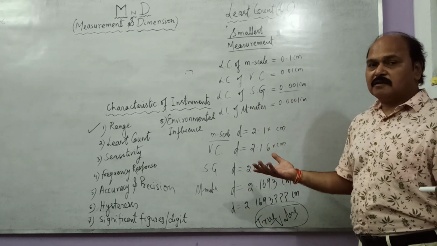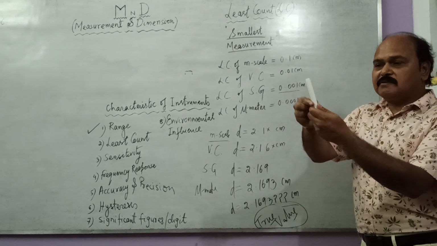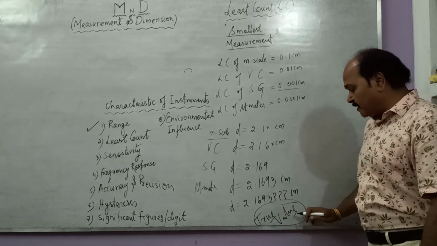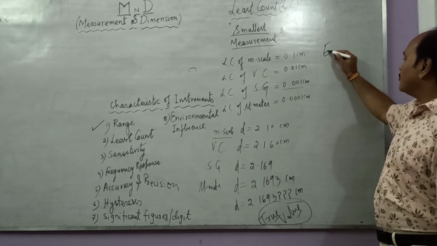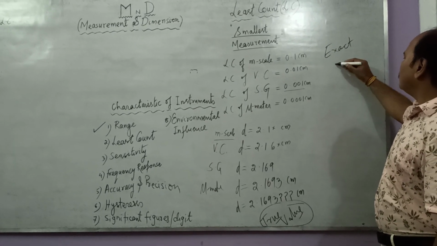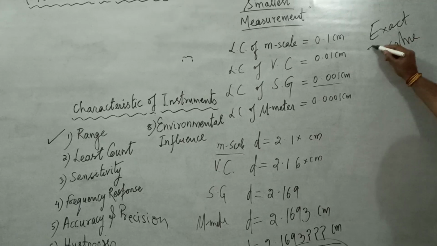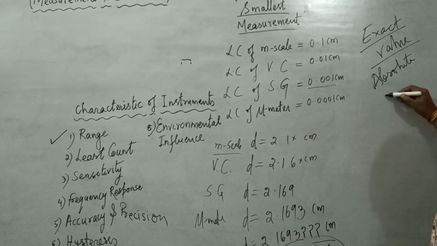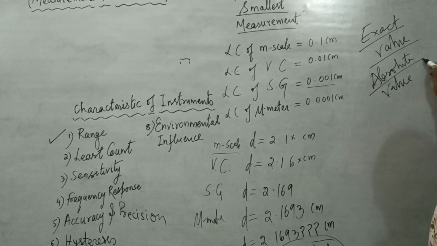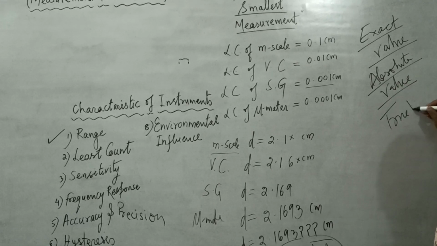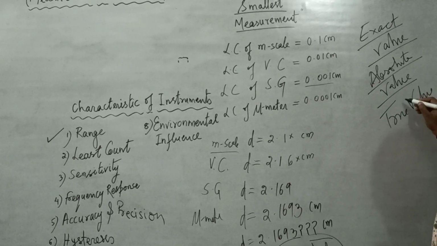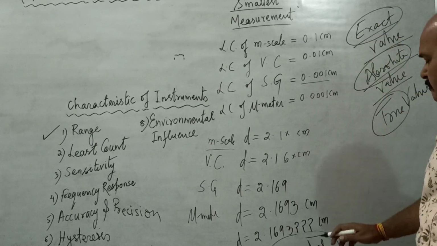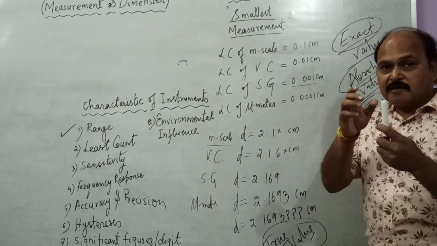It will never end. So what is the exact thickness of the pen? Can the exact value of the thickness of the pen, also called the absolute value or true value, ever be found out?